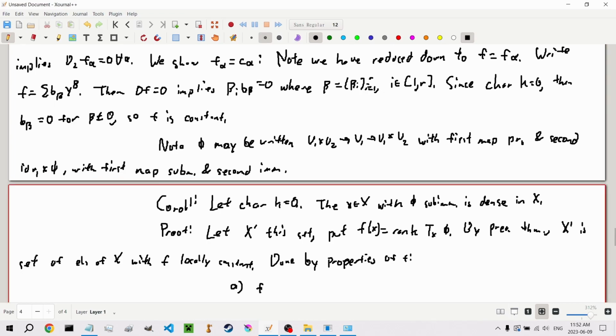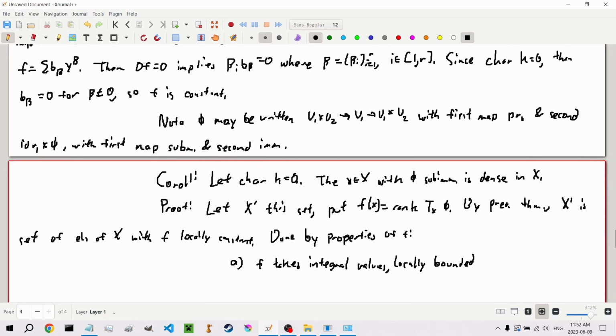First off, we see that f takes integral values and is locally bounded. And secondly, f is lower semi-continuous.